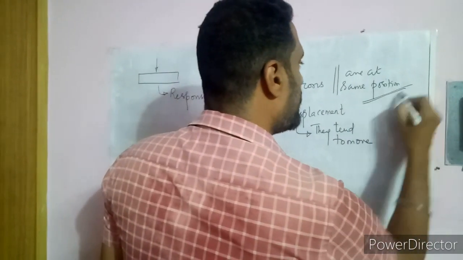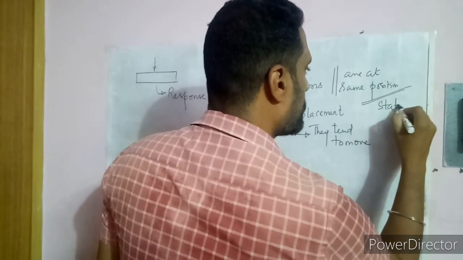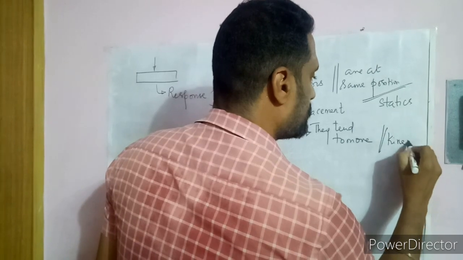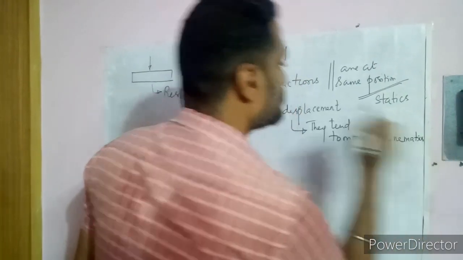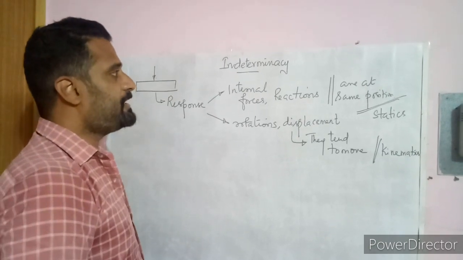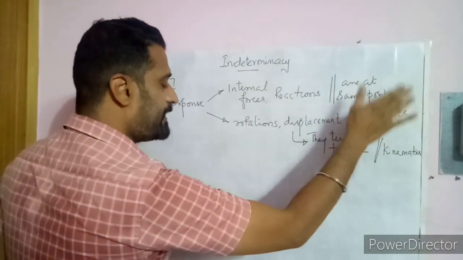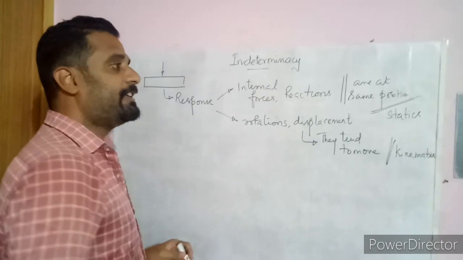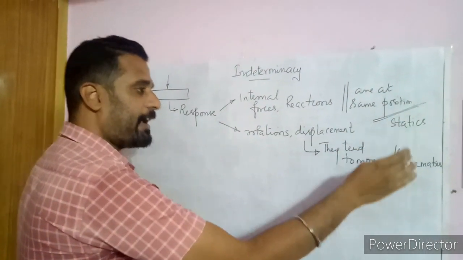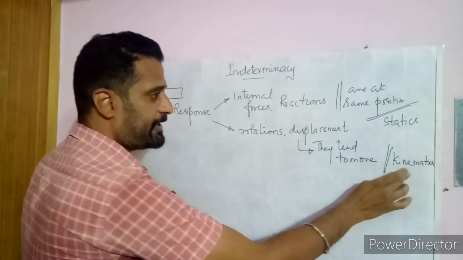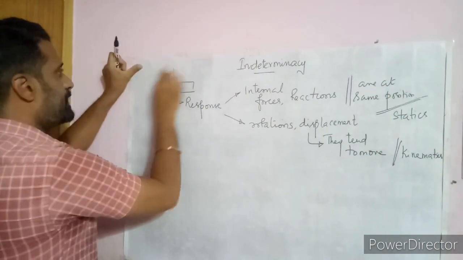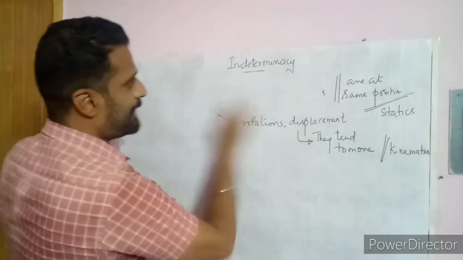Since these are classified as statics and these are classified as kinematics. So the indeterminacies are based on statics and kinematics. So that's why the indeterminacy is classified into statical indeterminate structures and kinematic indeterminate structures. So out of this we will look at the static indeterminacy in this chapter, in this class.